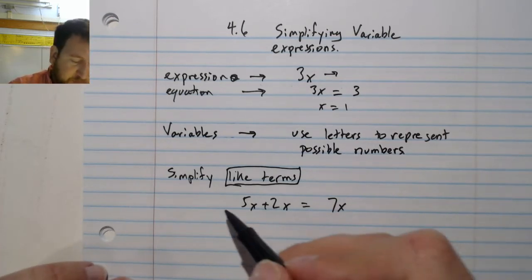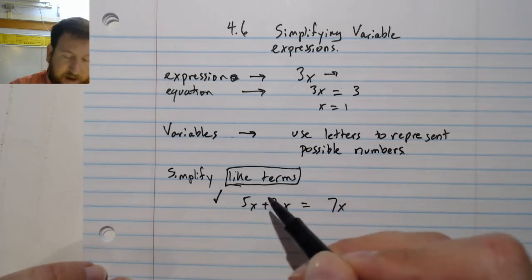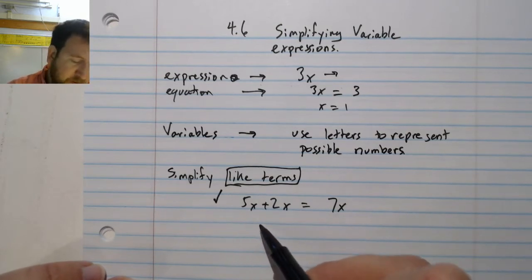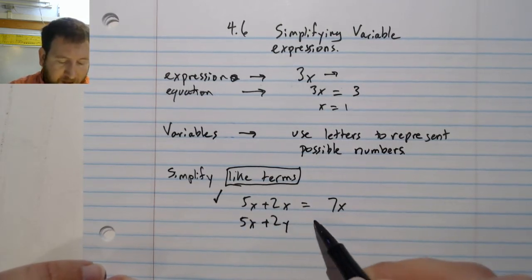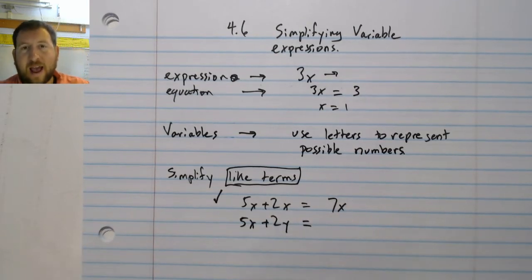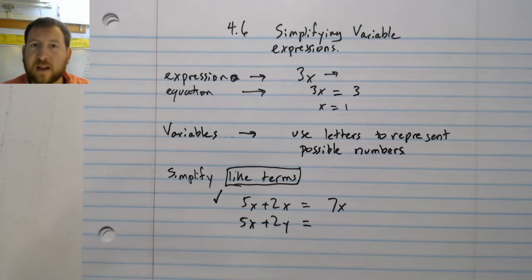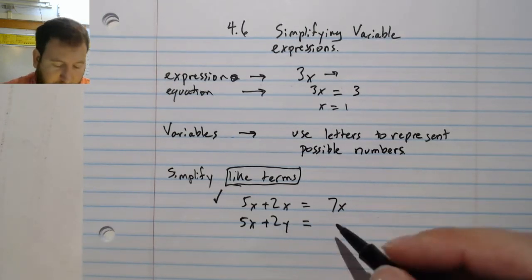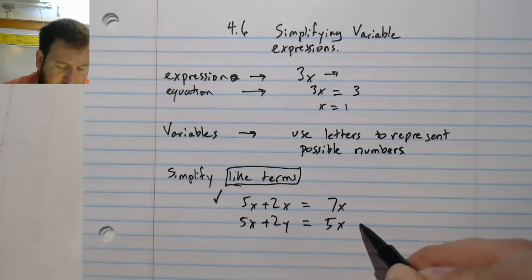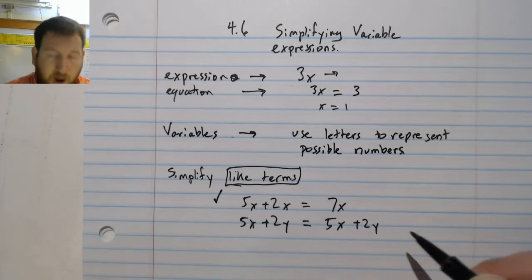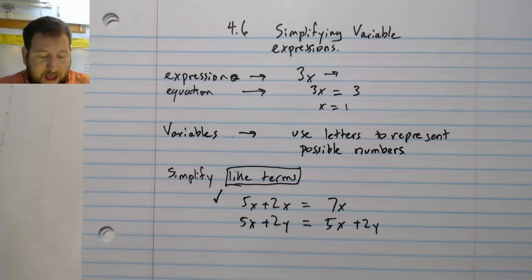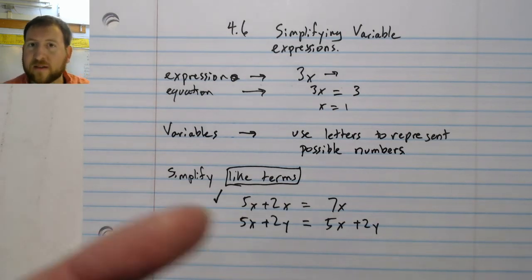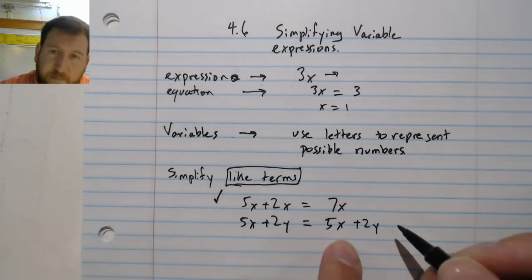But if I have 5x plus 2y, I can't add them together because they're not like terms. So as much as I can simplify this, it's already simplified. It just ends up with 5x plus 2y. Because this is 5 oranges plus 2 hamsters, and I can't add them together because they're not similar terms. So I have to keep them separate.